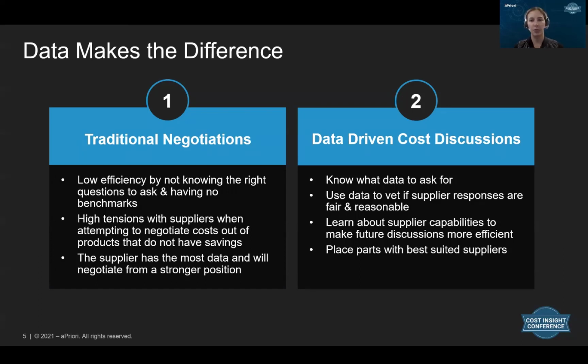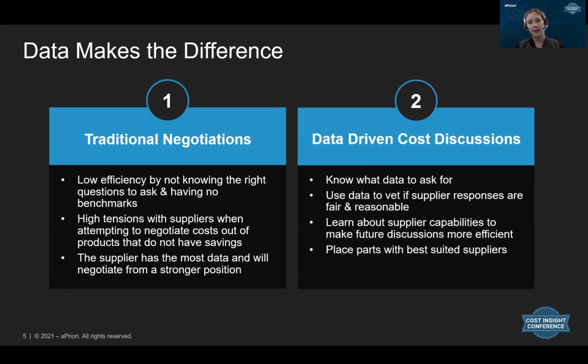And I don't just mean a benchmark on the overall piece part price, I mean benchmarks for all the parameters that make up the cost of a part: labor rate, material utilization, cycle time, etc. Without rich data to select which parts actually have savings potential, you could be wasting both you and the supplier's time by negotiating a part that's already right priced. And finally, if you have no data to negotiate, then the supplier is negotiating from a stronger position because they have all of the information.